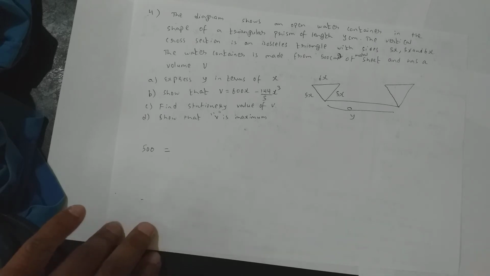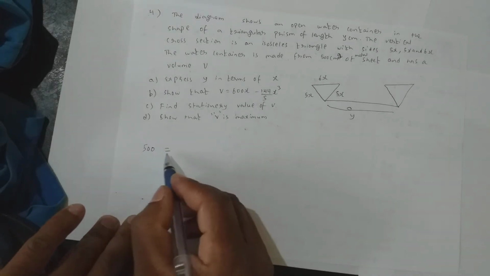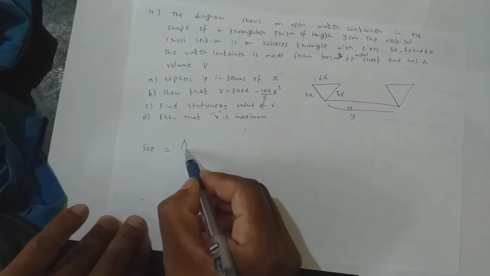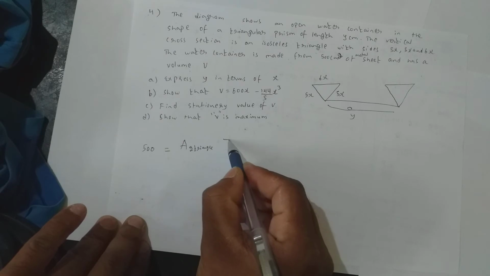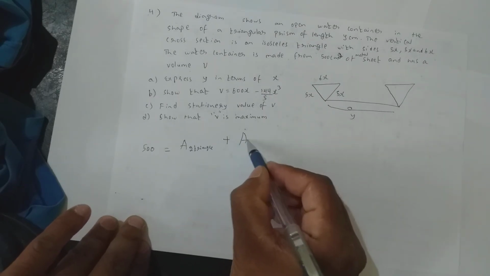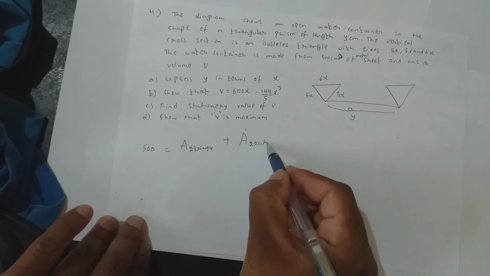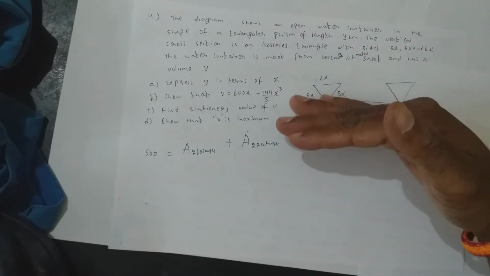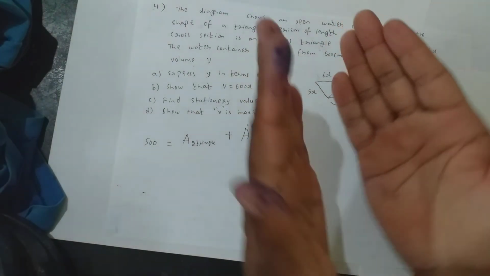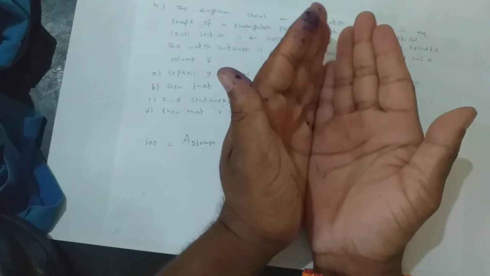Okay, so far. Shall I write this: 500 equals the area of both the triangles plus the area of two rectangles? I will get a rectangle on this side as well as on the other side. It's like this.